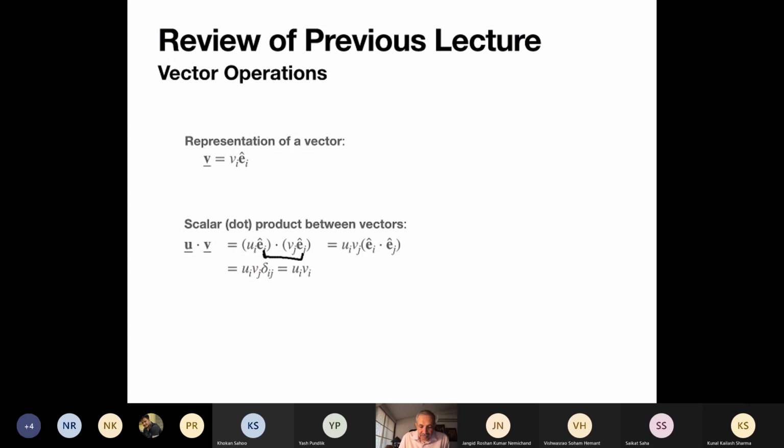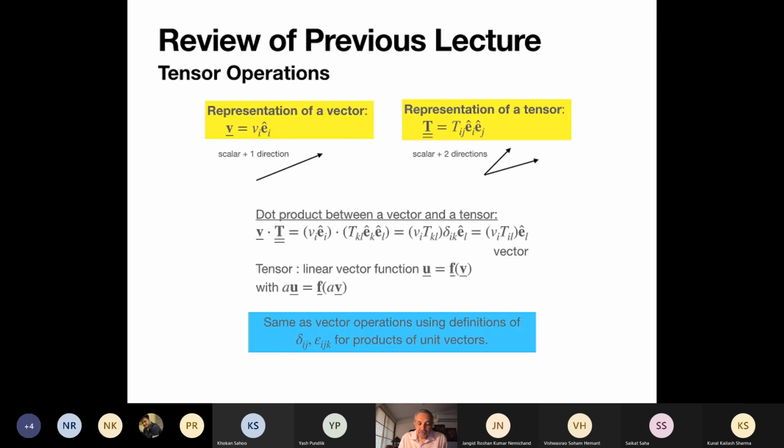Since i is repeated and j is repeated, this is actually a double summation over i and j, both going from 1 to 3. But all the terms in which i is not equal to j are equal to 0. So then this just becomes Ui Vi by putting j equal to i, for which delta is just equal to 1.